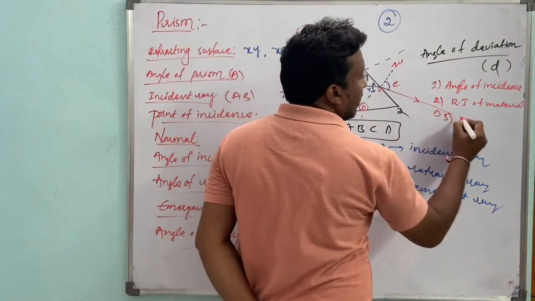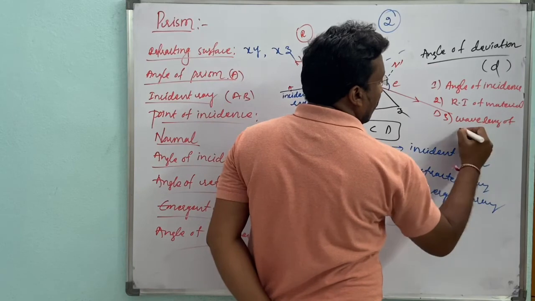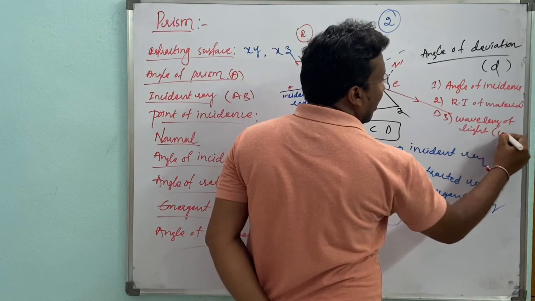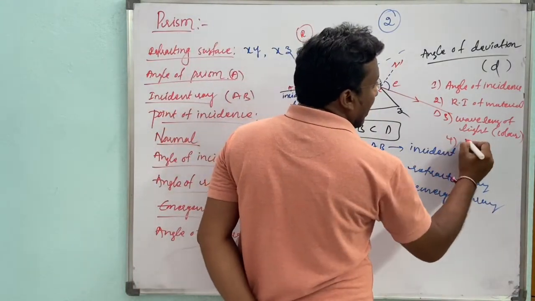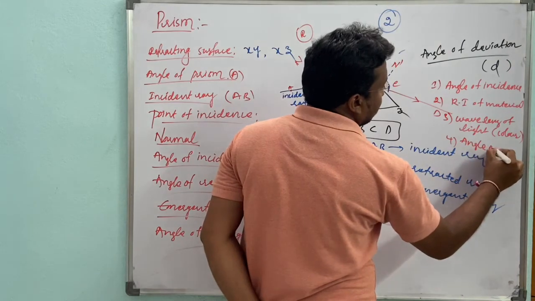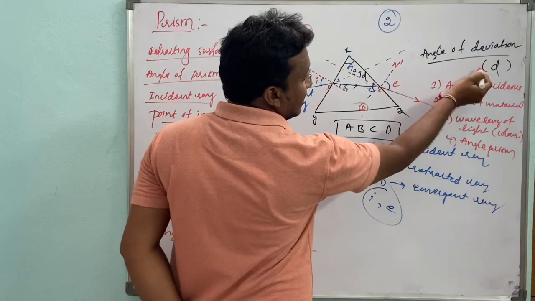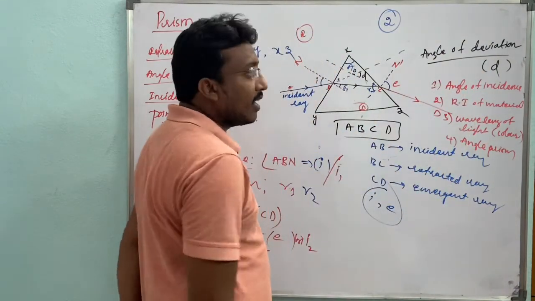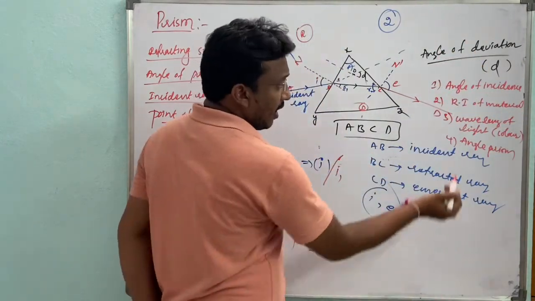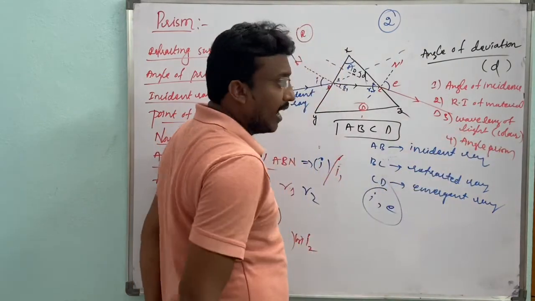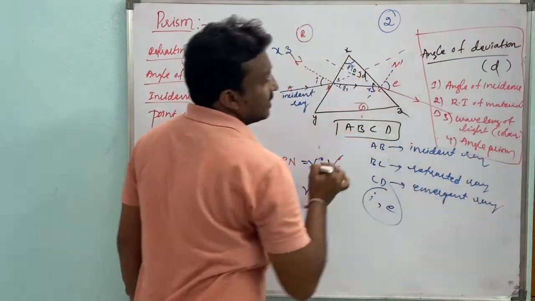Next one, the wavelength of light used, or color of light. And fourth one, the angle of prism. The angle of deviation depends on these factors, right? Angle of incidence, the refractive index of the material used, the wavelength of light, and the angle of prism. These are the factors.